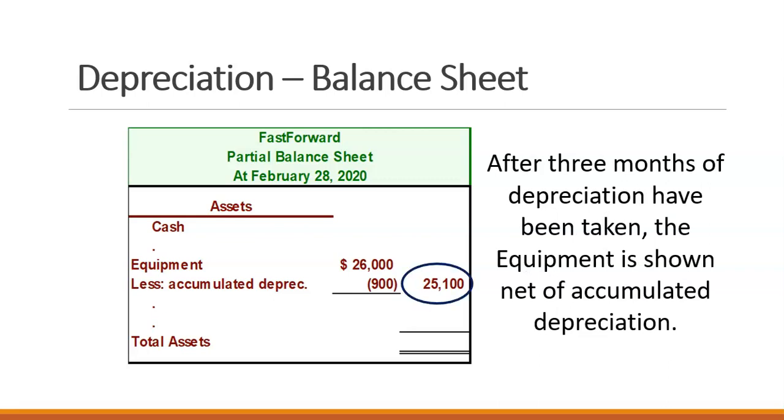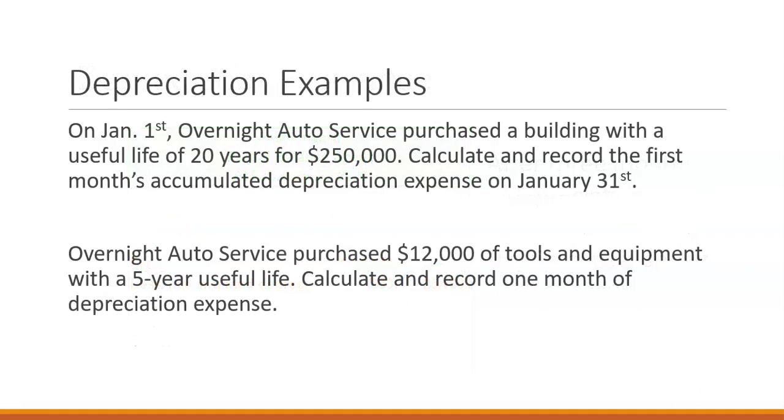So it is an asset account that is paired with this asset account of equipment, but unlike asset accounts which increase on the debit side, the contra assets increase on the credit side. Now, the one thing about contra assets is they have to be paired with a regular asset account. So we just wouldn't have accumulated depreciation if it wasn't paired with an asset, in this case, equipment.